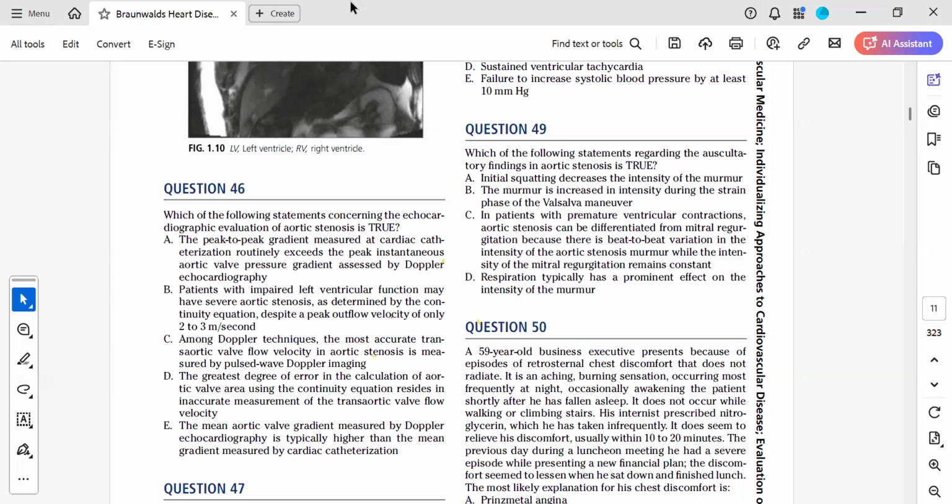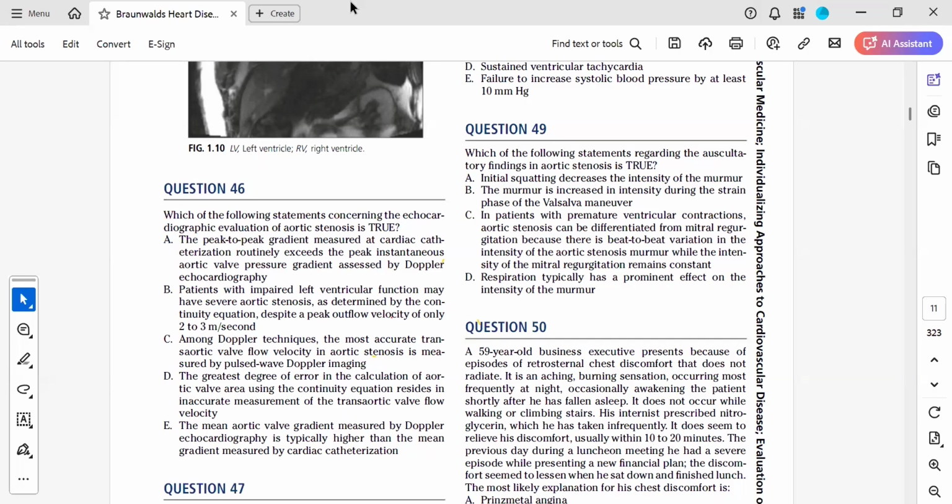The greatest degree of error in calculating aortic valve area using the continuity equation resides in the inaccurate measurement of the transaortic valve flow velocity. No, it is the LVOT, which was also discussed. Meaning that if you don't pick it up at mid-systole, if you miss that measurement, it's going to significantly affect your assessment of the aortic valve.